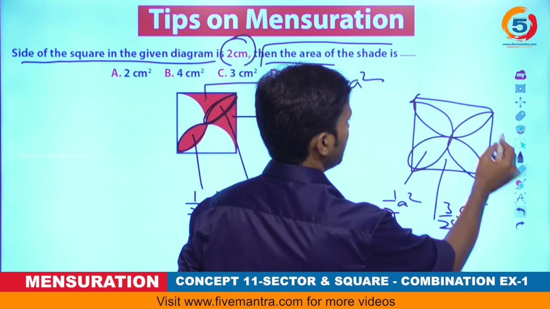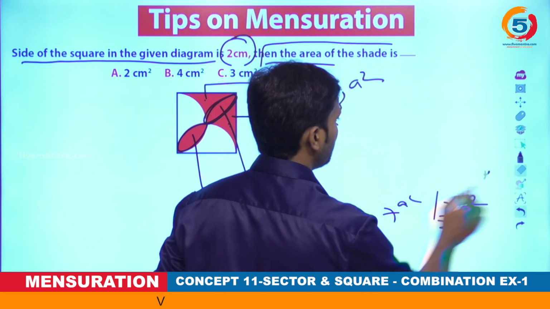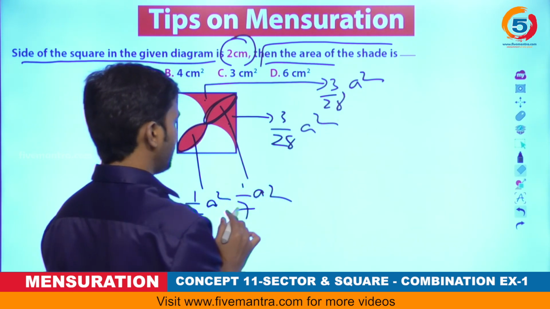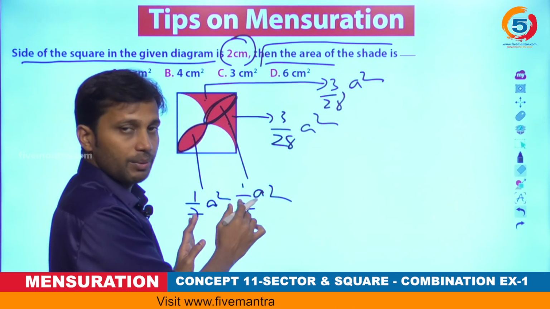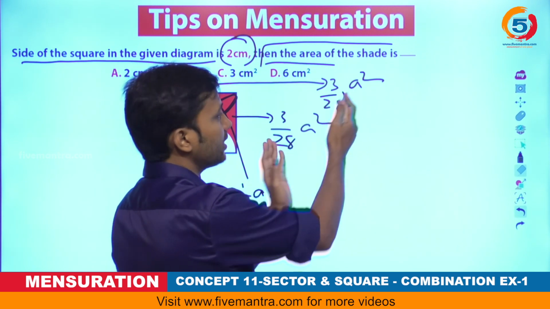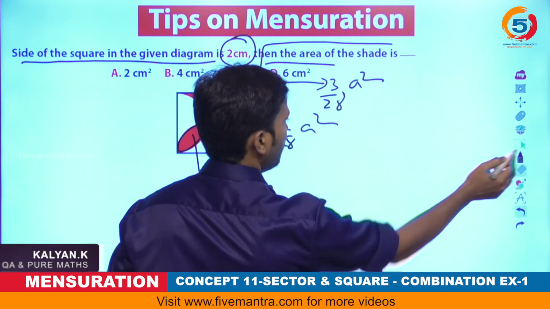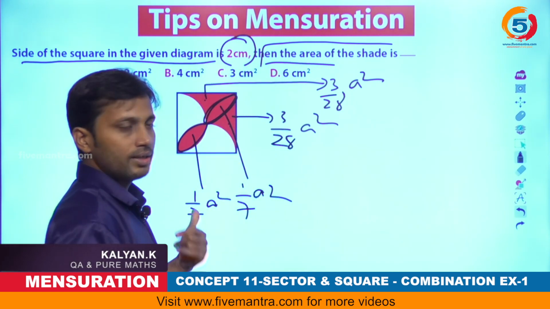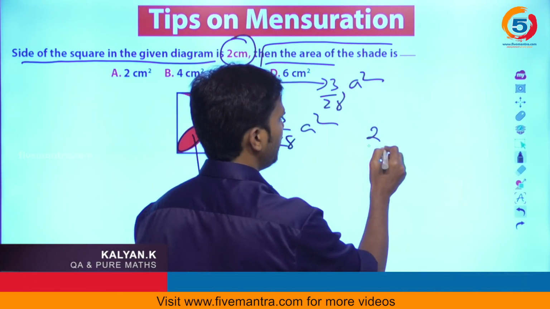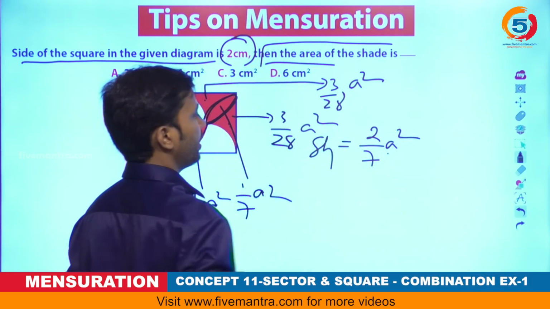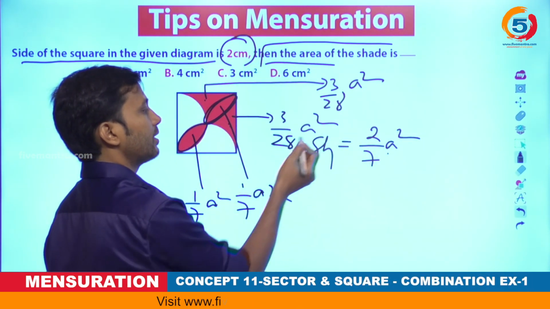According to that, if you do the answer, what is the resultant area? 1/7 a square will be 2 times. So 1/7 a square into 2 is 2/7 a square, that would be the shaded area.